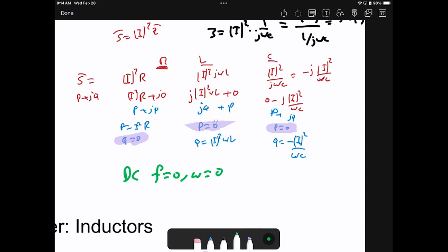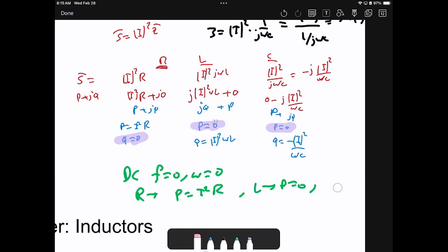So for the resistor, P equals I squared times R. For the inductor, P equals 0. For the capacitor, P equals 0. That's consistent with what we used to see in DC. In DC, whenever we see an inductor, replace it by a short circuit. Whenever we see a capacitor, replace it by an open circuit. And the power for each element will be 0. That's consistent with what we see here.